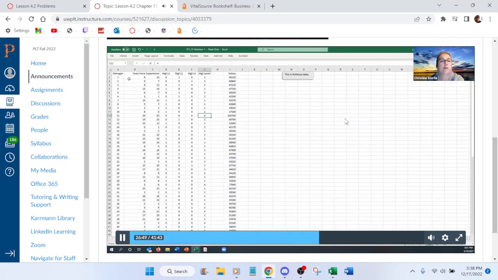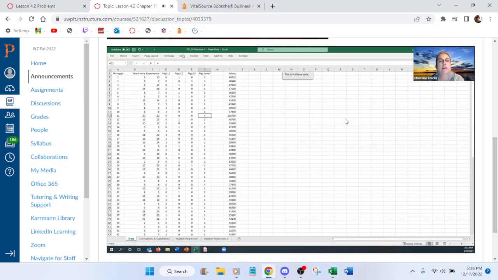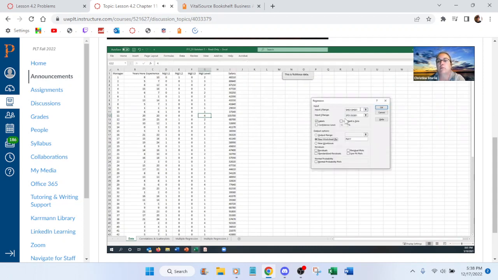Again, what would I have done? I would have gone into my data analysis tool pack, opened up the regression option. My input would be column I, salary, for the Y variable, and B through F. Do not select column G, or you will get redundant and unnecessary information.